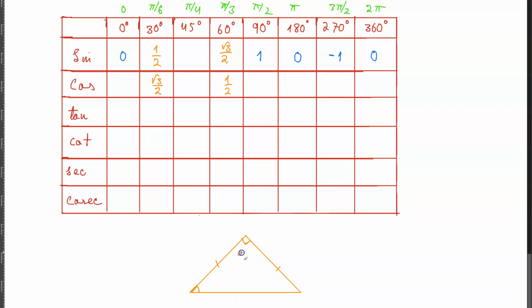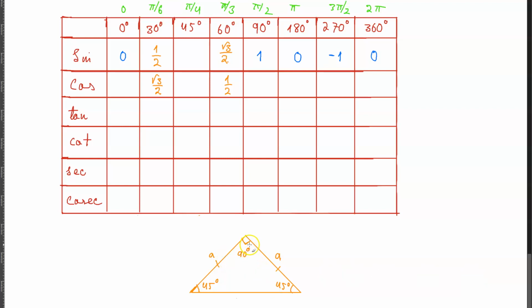If this is 90 degrees, then this angle is equal to 45 degrees. This angle is equal to 45 degrees. And this is an isosceles triangle, right? Since I know that these two sides have the same length, I can call this a, and this is going to be a as well.